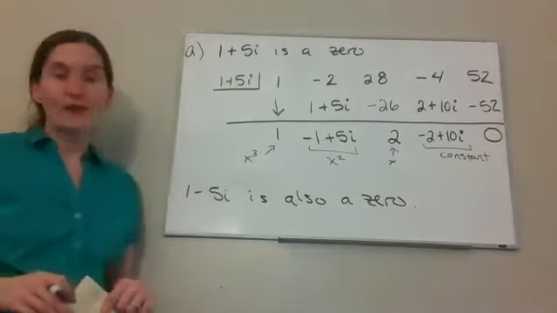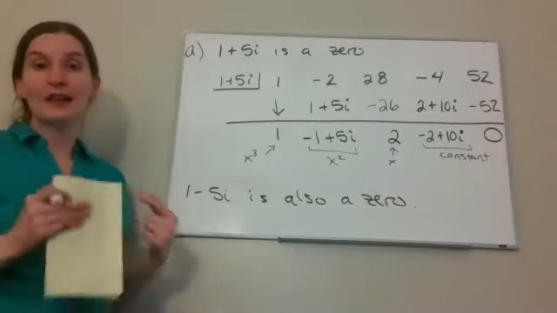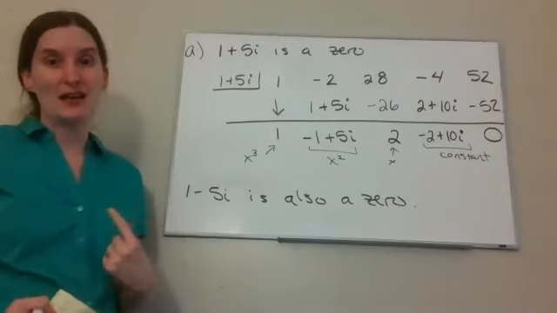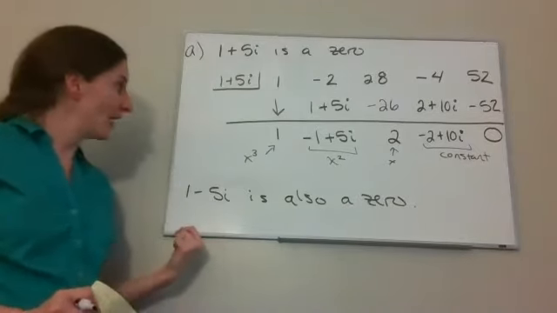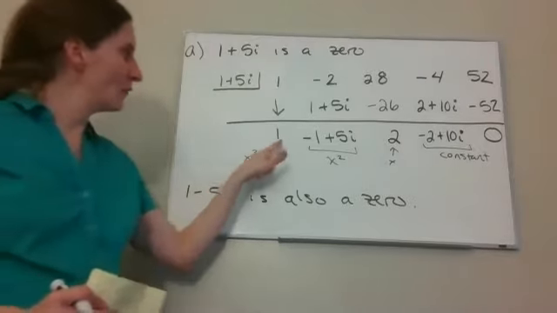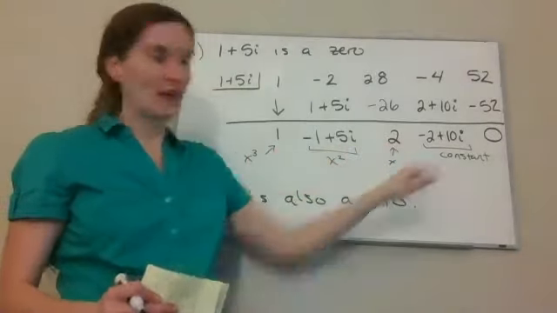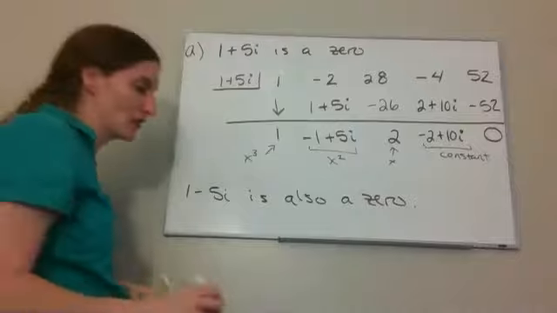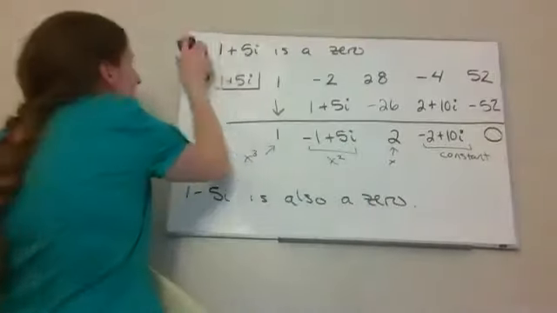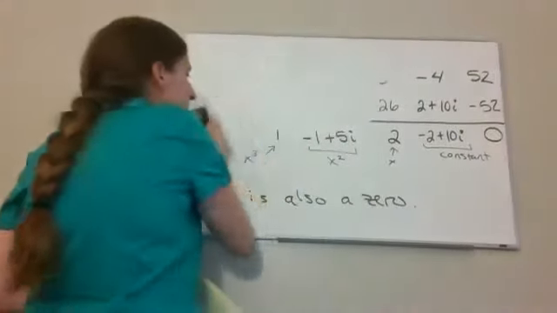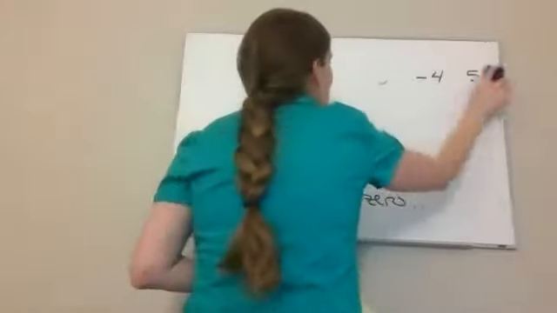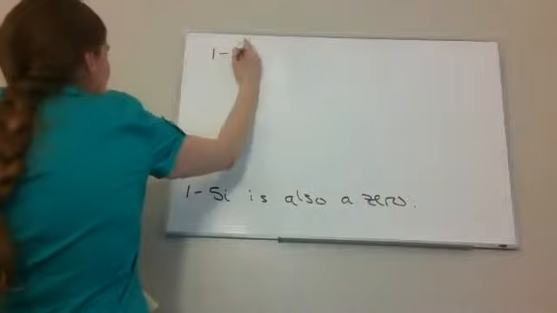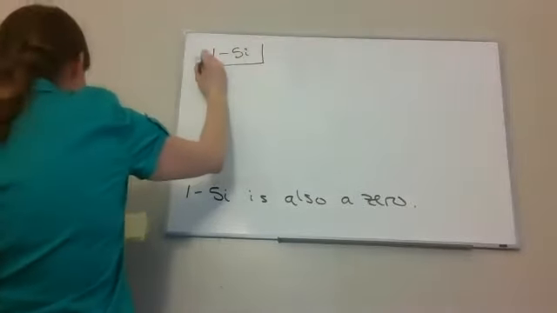Since 1 minus 5i is also a 0, I can do synthetic division again, using 1 minus 5i in the box and using my result from my last synthetic division as my coefficients. So let's see what we get when we do that. So doing synthetic division again, 1 minus 5i is my 0.